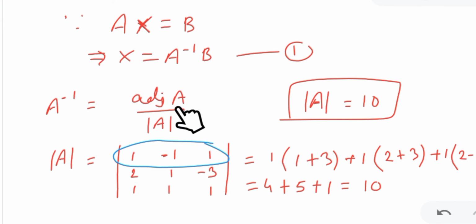Now we will find the adjoint of A. The main thing is this, finding the adjoint of A. The adjoint of A will be the matrix of A11, and what is A11? The cofactor with respect to element A11.